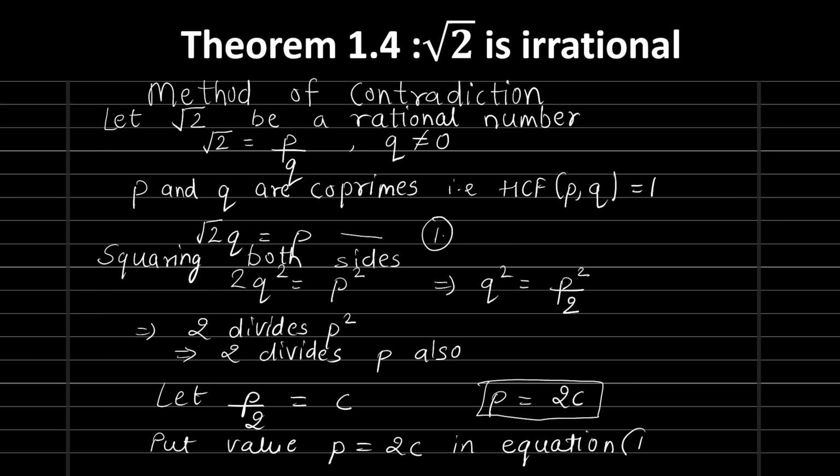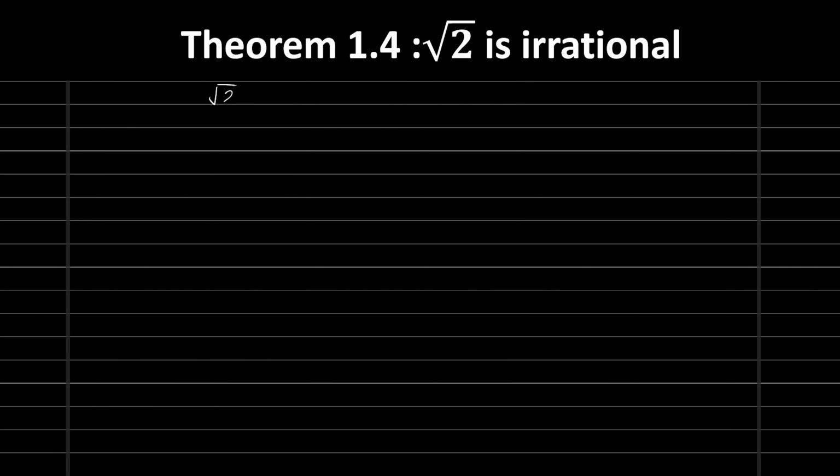We can write root 2q equals, in place of p, we write 2c. Now again, after this step, we are going to square both the sides. So on squaring both the sides, we get 2q square equals 4c square.